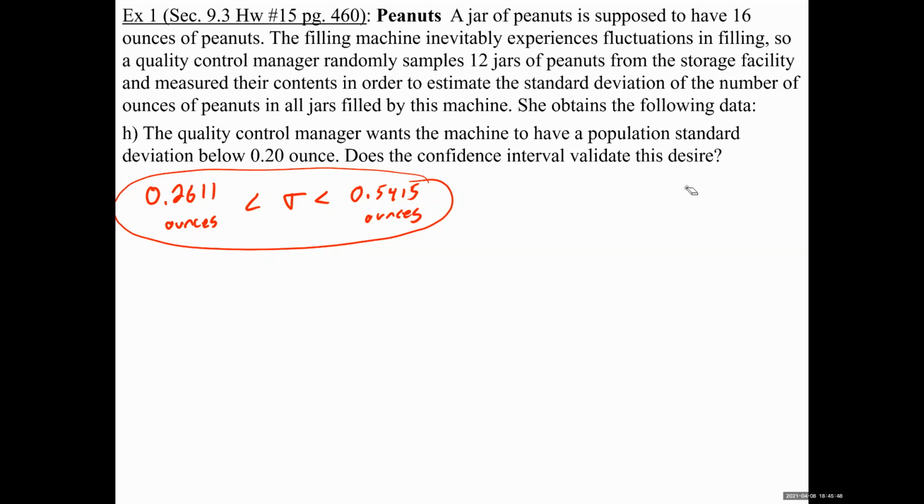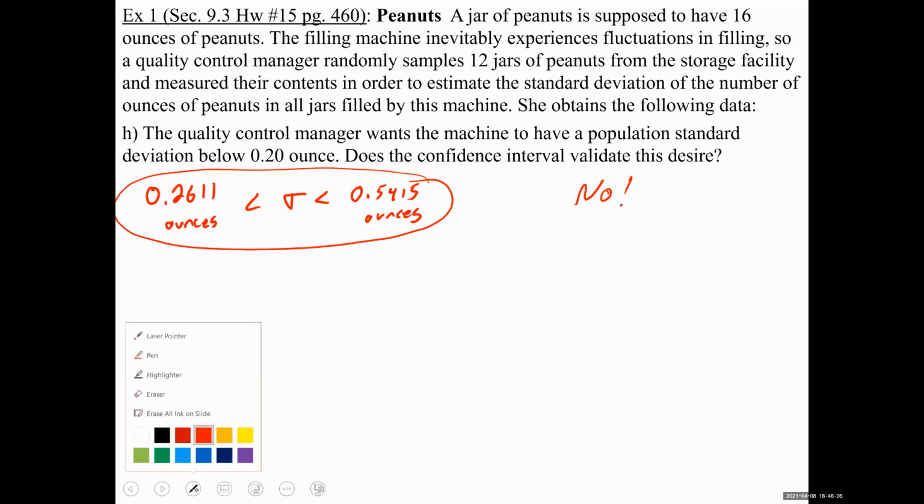If you're right, there's no way it's less than 0.20 because every number from here to here is bigger than 0.20. So it's not really much to write down. The answer is no. I'll let you write some words down for how to explain it, but maybe I'll draw a picture here.